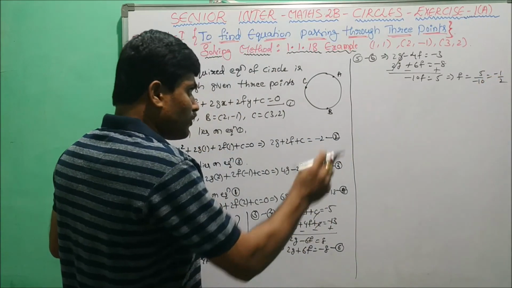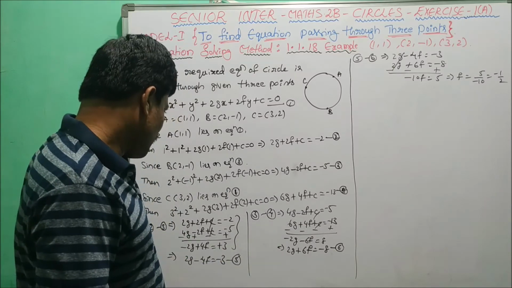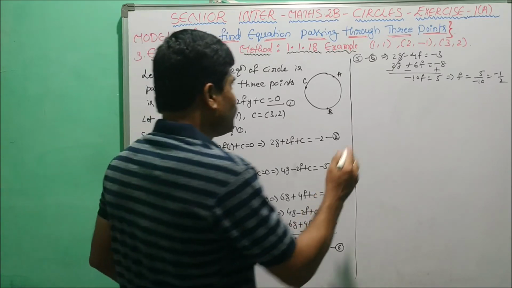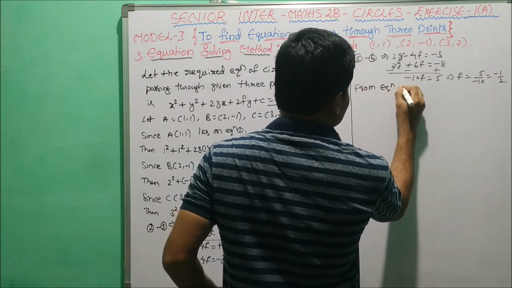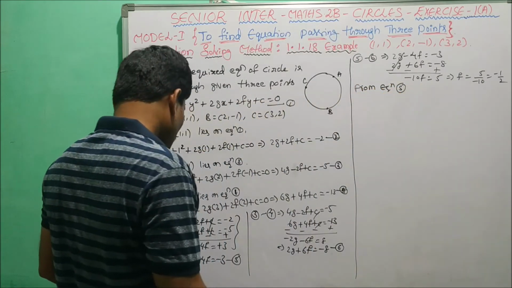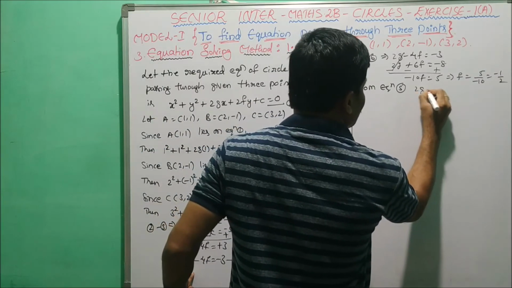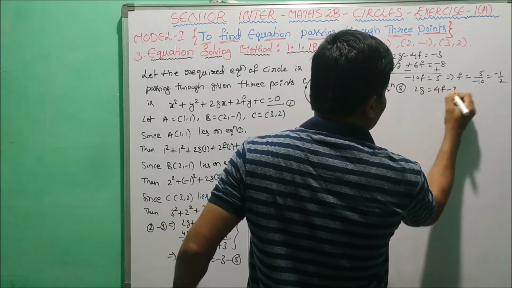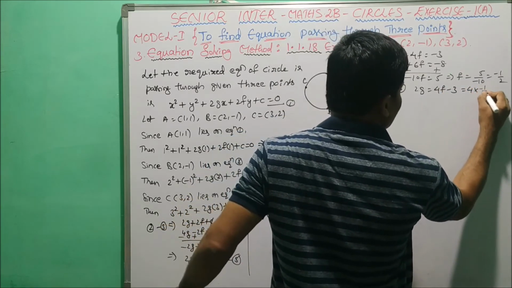Now substitute f equals minus 1 by 2 in equation 5 or equation 6. We take equation 5. From equation 5, here we write 2g equals 4f minus 3. In this, substitute 4 into the value of f, minus 1 by 2, minus 3.